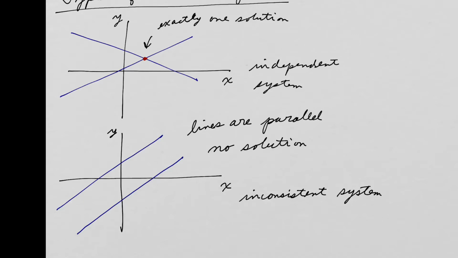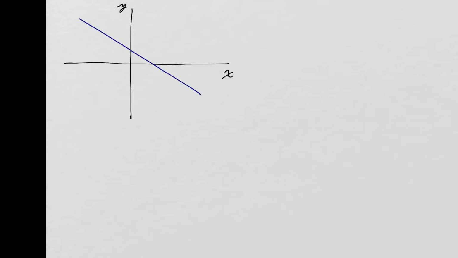And then the third possibility is this. Let's say we have the first line, and let's say the second line is right on top of it.